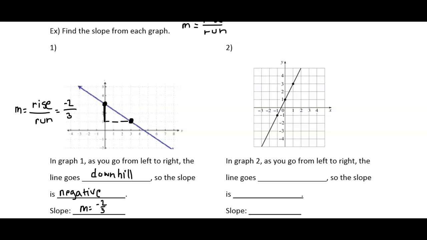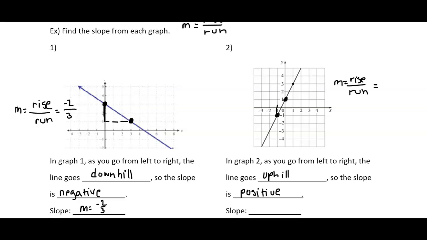In graph 2, as you go left to right, just like what we did before, the line goes uphill. So this slope is going to be positive. So that is a positive line, okay? Doesn't matter what point you pick to do rise over run. So I'm going to write it here, rise over run equals, let's do my rise, let's make my points a little bit bigger.